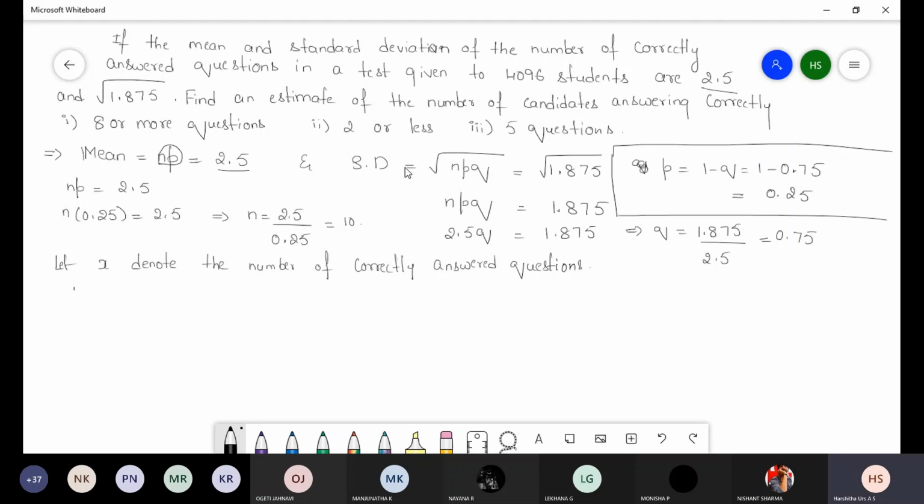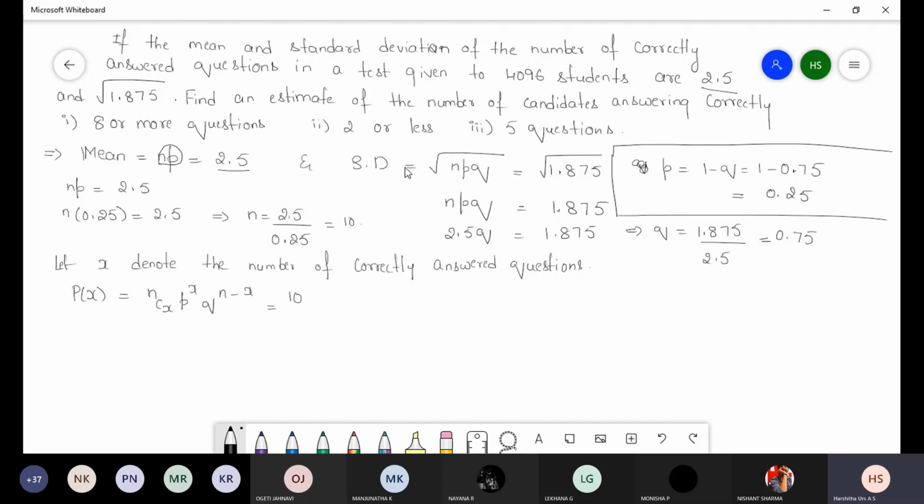Now, write the binomial distribution probability function formula. That is, P of x is equal to nCx, p power x, q power n minus x. Here, whatever values we know, we have to substitute.